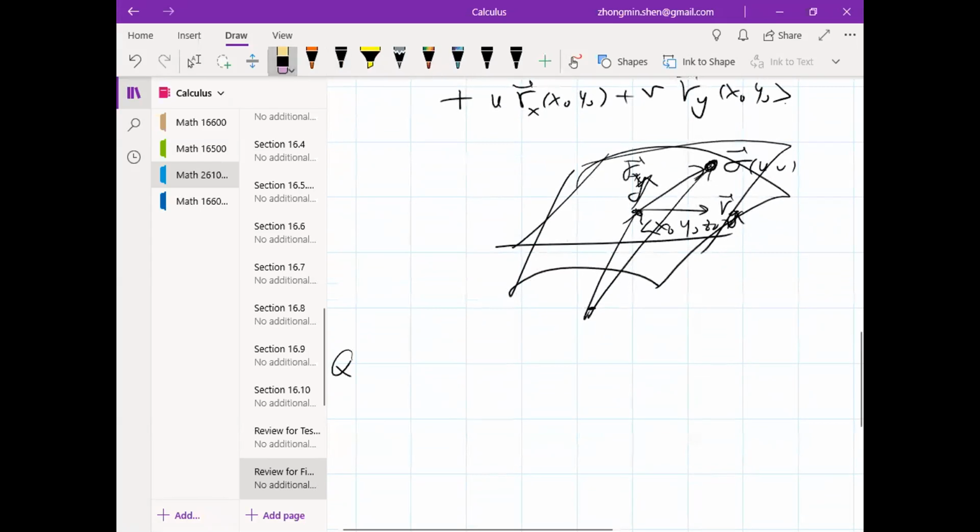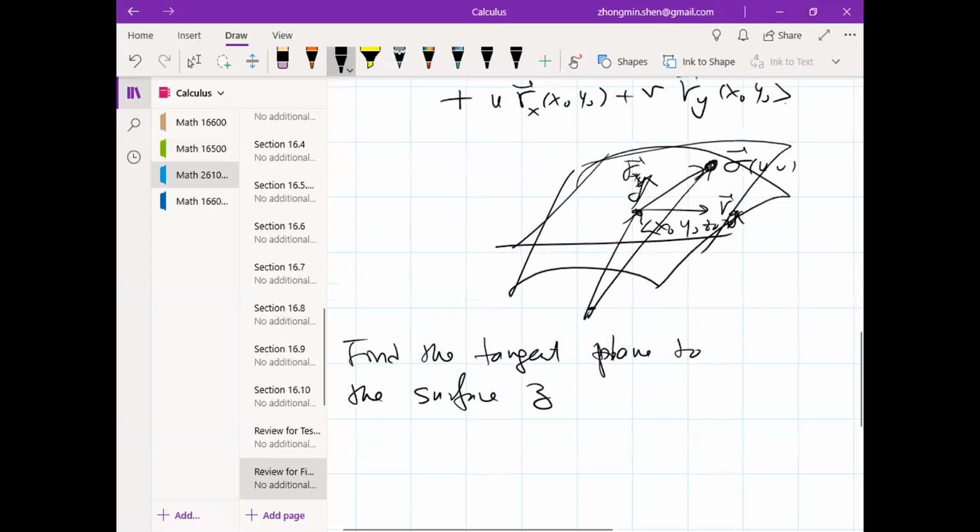You can practice solving the problem using the following. Here's a question I did. Find the tangent plane to the surface z minus x squared minus y squared equals -1 at (1, 1, 1).